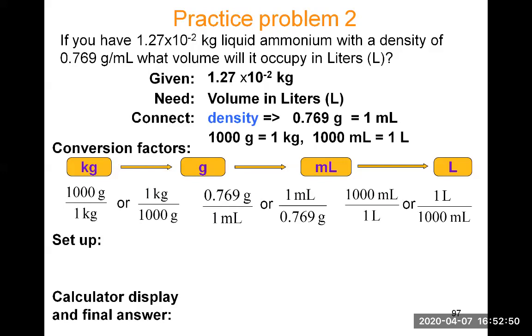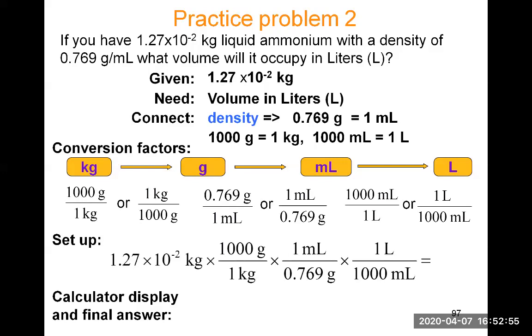You will need to multiply the given amount first. So 1.27 times 10 to the negative 2 kilograms. Again, that's in the numerator. You could draw a line and have a 1 under. Times the first conversion factor, cancelling the kilograms, with 1,000 grams on top, 1 kilogram on the bottom.